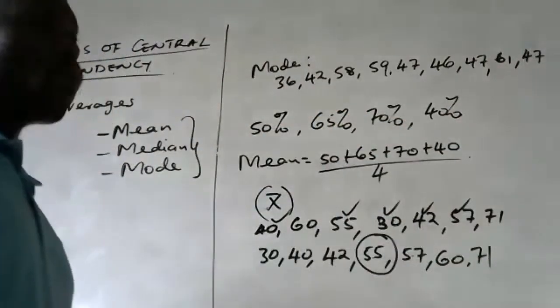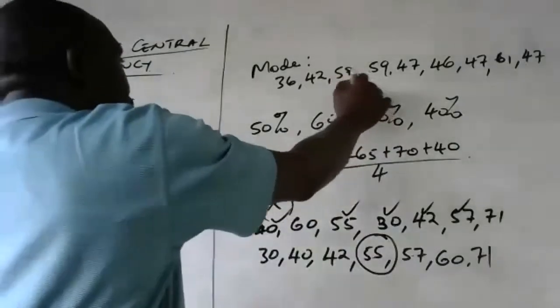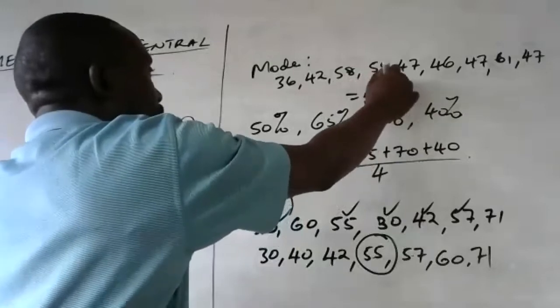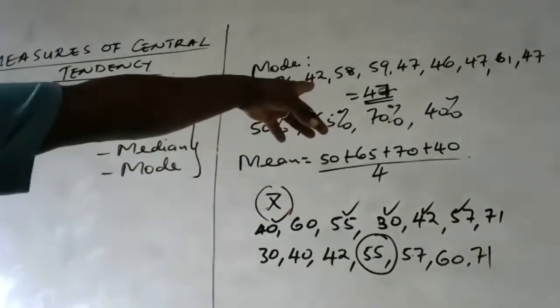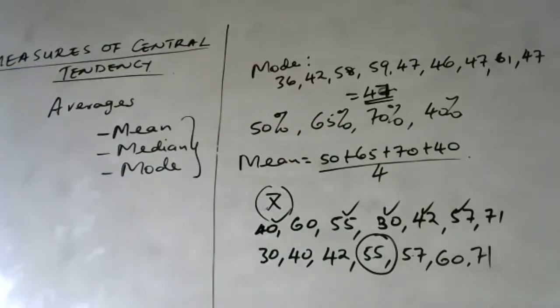Like that, we can say that the general performance of this class is that most of them scored 47, and the general performance is 47%, on the basis of the mode as a measure of central tendency.